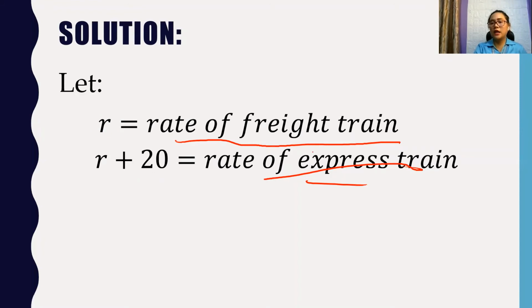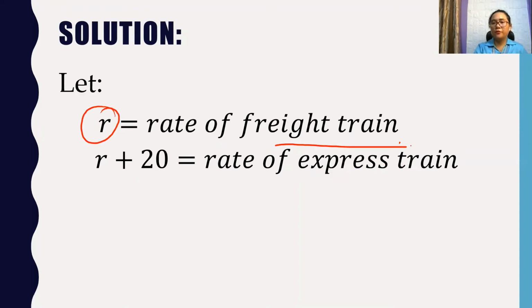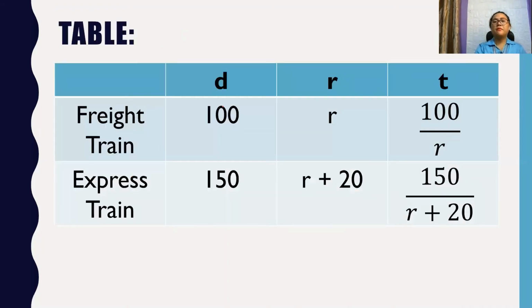Pero alamin natin ang rate nila, kung ano ba ang rate nila. Okay, si rate for freight train, or ito si R, and then R plus 20 naman for the rate of the express train. Okay, so we will have the table. Meaning that distance is equal to rate times time.